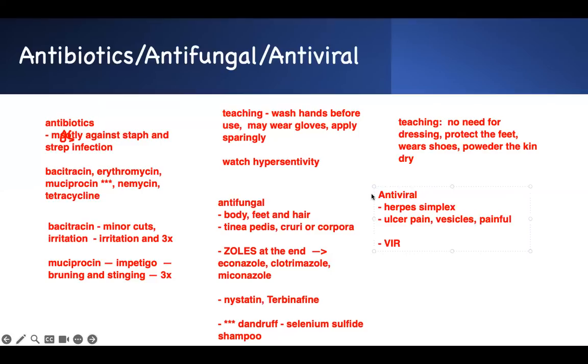You look for VIR either at the end or in the middle of the medication. So that is the way to recognize them. Example is acyclovir. This is the most common one they will give you. But they will give you others like ganciclovir. They all have VIR, so look for that.